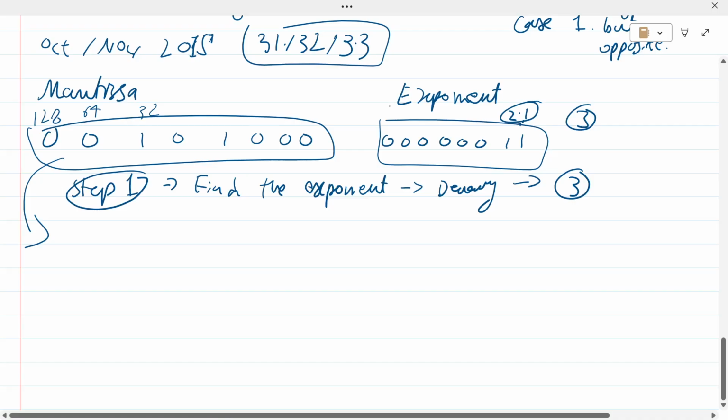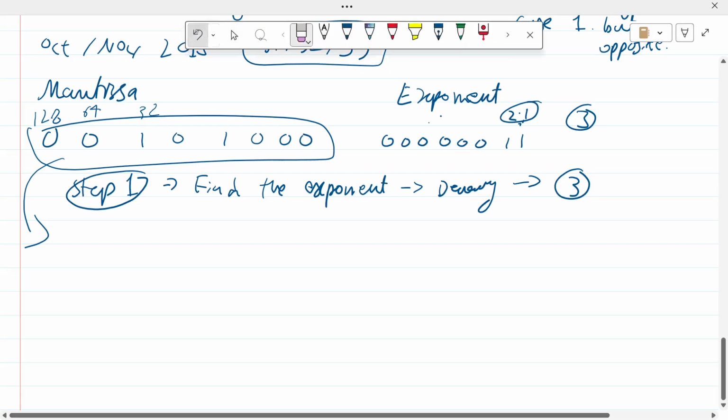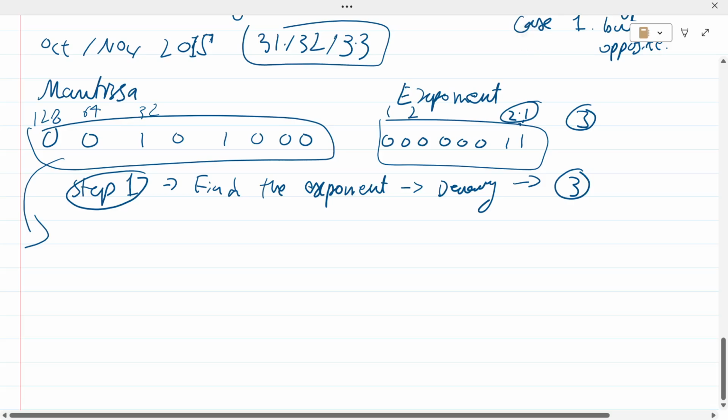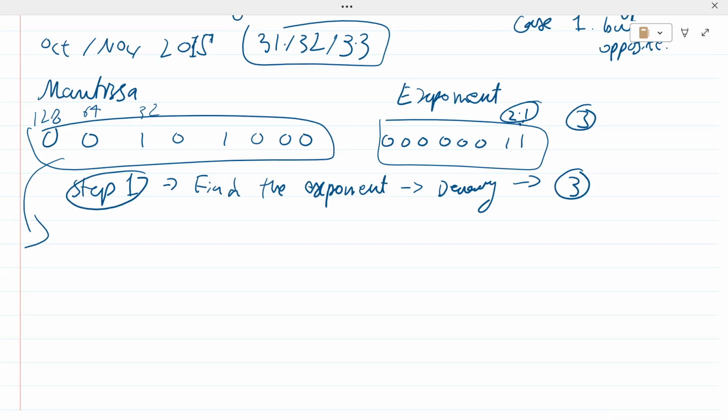With the exponent, I didn't do that. I began writing 1, 2, 4 from the right to the left. This is a very important thing. You must remember it. So remember that left to right rule for the mantissa and right to left rule for the exponent.